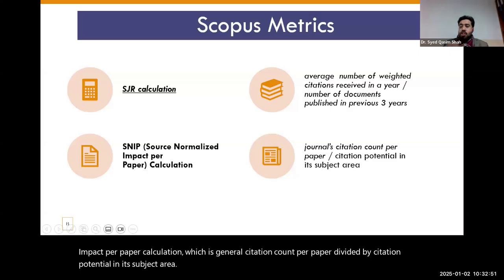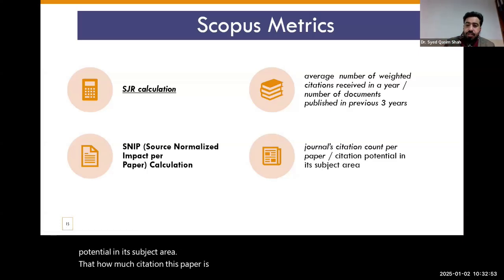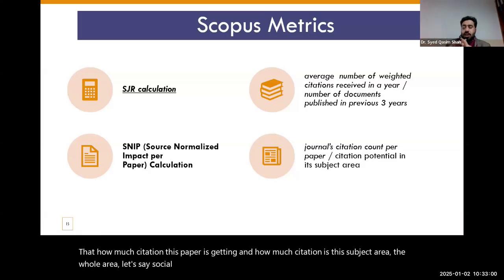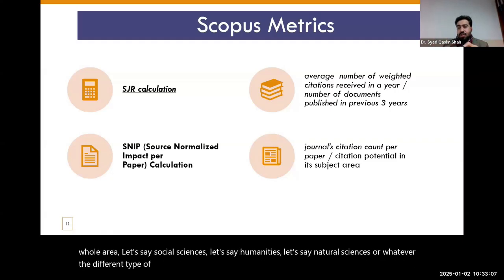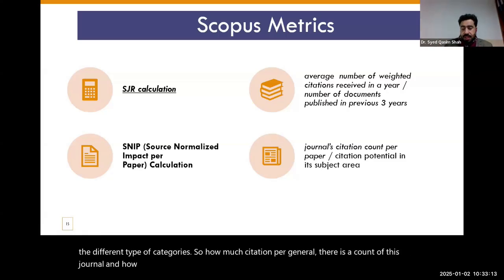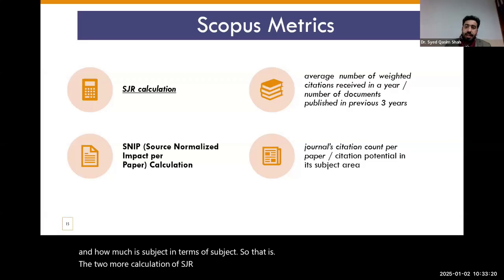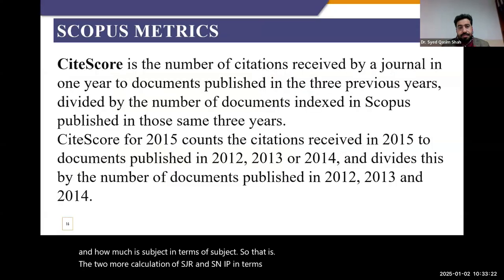That is, how much citation this journal is getting and how much citation there is in the whole subject area, let's say social sciences, humanities, natural sciences, or whatever the different categories. So that is the two more calculations, SJR and SNIP, in terms of Scopus.